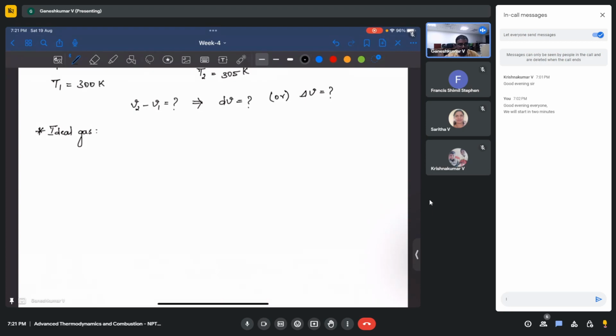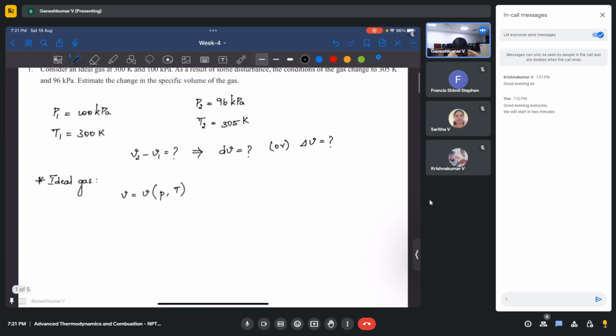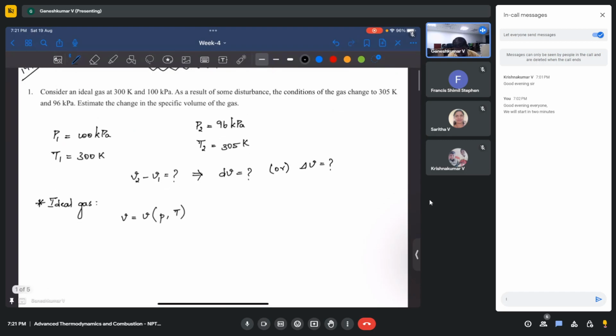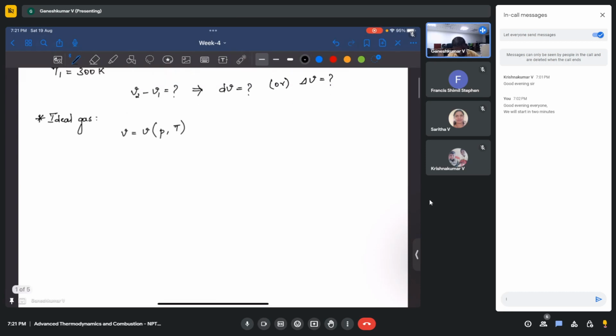Here P and T are the variables, so we can write specific volume as a function of P and T. We need to find dV, so that is the only question asked: estimate the change in specific volume of gases. So if we need to find dV, we just need to perform the total derivative.